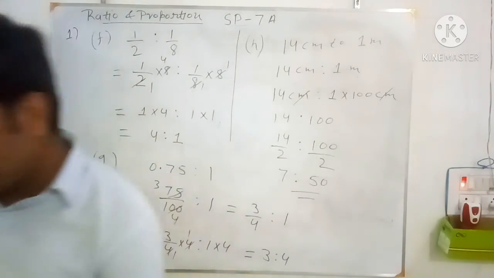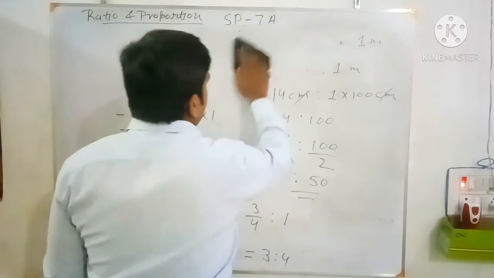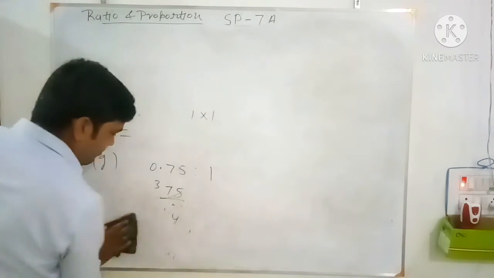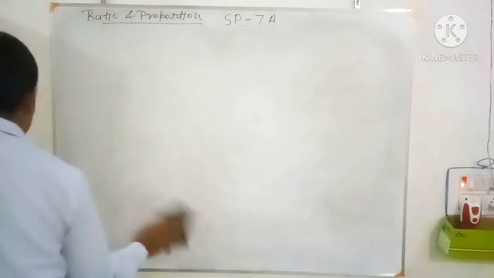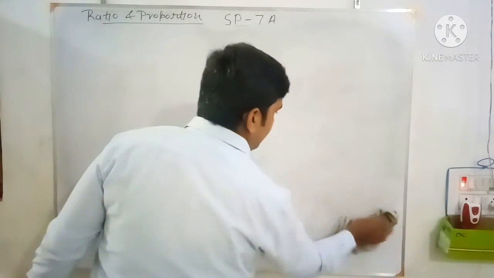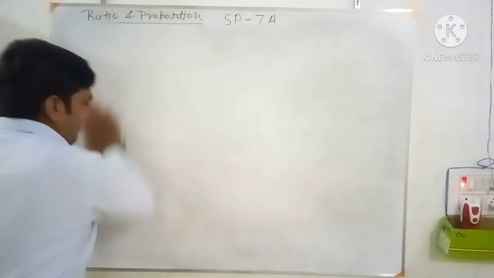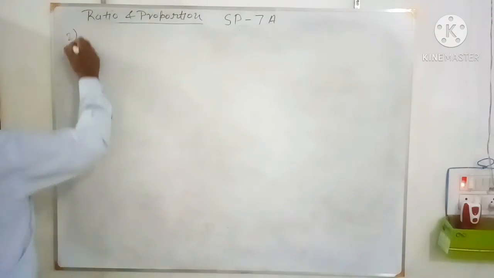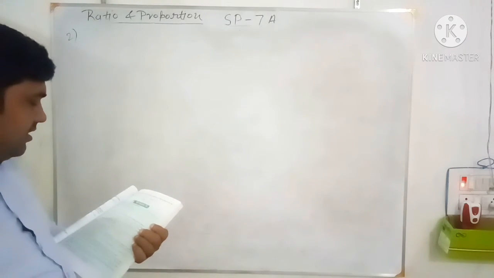Now see the question number 2. Ravi earns 84,000 a year and spends 63,000 per year.